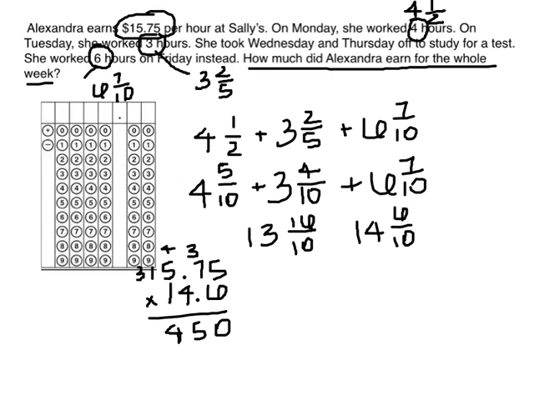Okay. 1 times 6 is 6, plus 3 is 9. 4 times 5 is 20. 4 times 7 is 28, plus 2 is 30. 4 times 5 is 20, plus 3 is 23. 1 times 4 plus 2 is 6. And then 0, 0. 1 times 5 is 5. 1 times 7 is 7. 1 times 5 is 5. And 1 times 1 is 1.